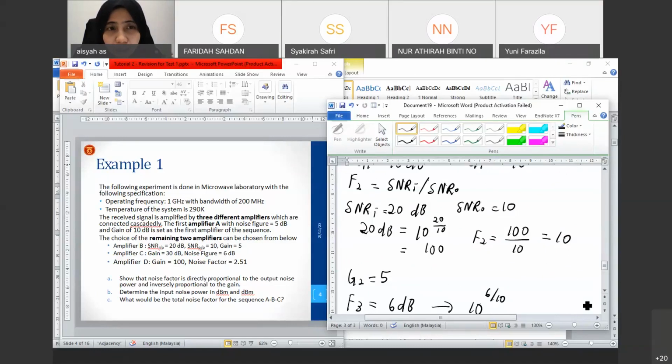Some of the values are given in dB and some are not, but you need to be aware of that. You need to be aware whether the value is given in dB or not. If not in dB, it is in linear form, so you can use that value, no need to change. But if in dB, you need to change to linear form before using the Friis formula.